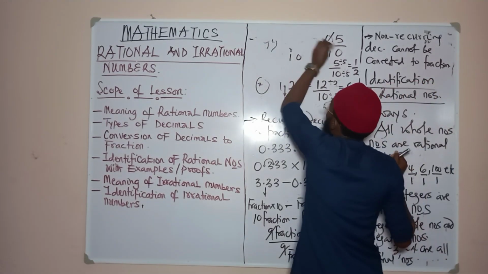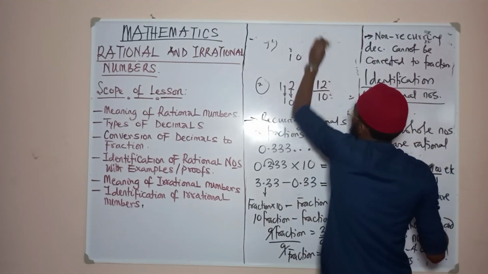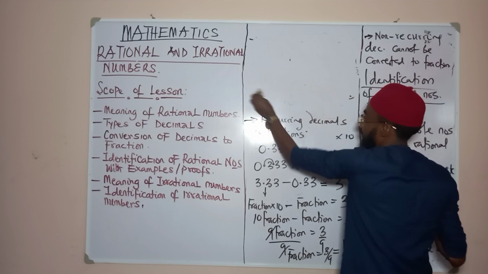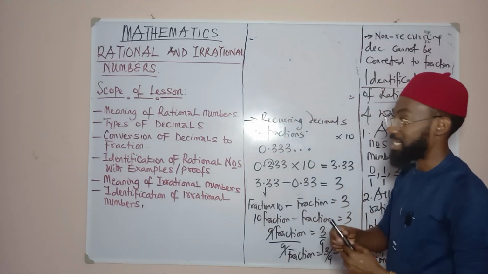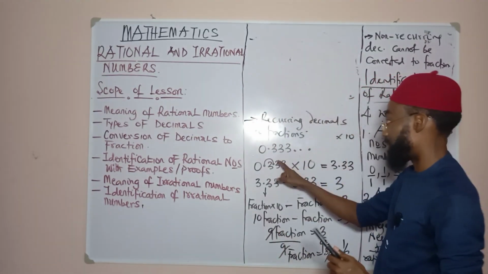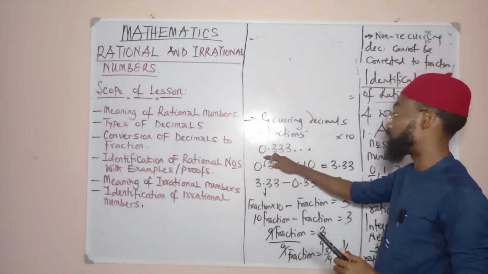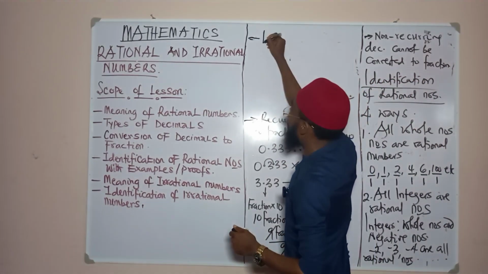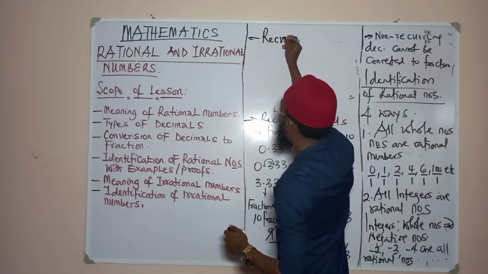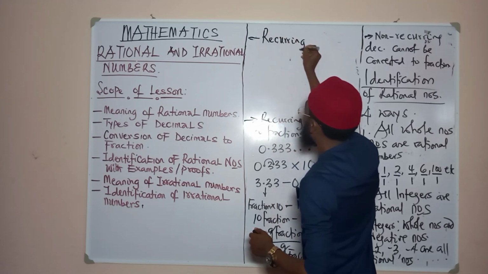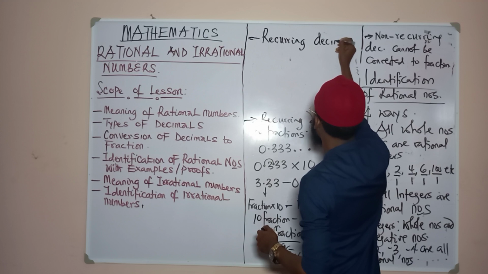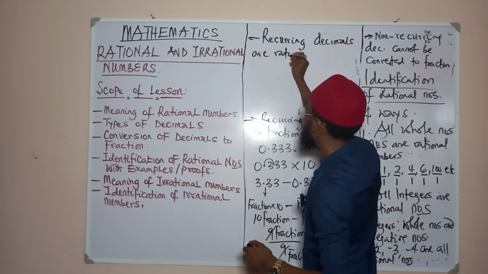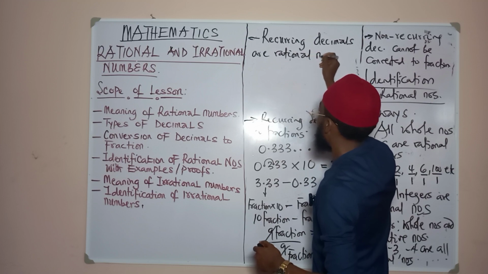And then the third way of identifying rational numbers, you can guess. We have said that numbers that are expressed as a fraction are called rational numbers. We have been able to prove how to express recurring decimals as rational numbers. So obviously, you know what I'm going to say next: recurring decimals are rational numbers.